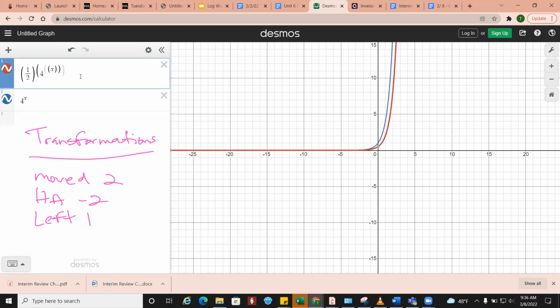Now from the blue to the red, what did we do? This one's a little bit harder to see. That 1/2 shrinks or compresses the actual function vertically. So compress vertically. They're also going to use a term called shrink. You'll see that sometimes as well. By 1/2.